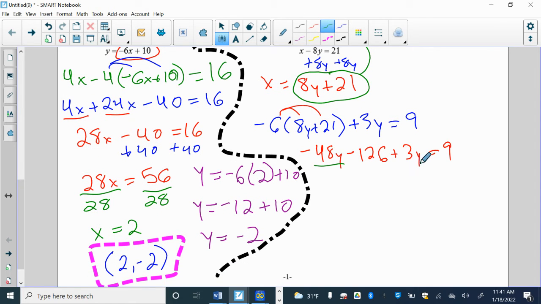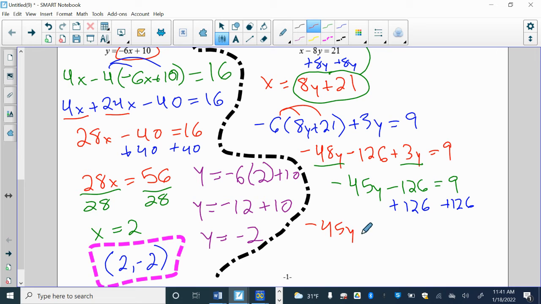You can combine negative 48y and 3y to make negative 45y minus 126 equals 9. Add over 126. Negative 45y equals 135. Divide by negative 45. Y equals negative 3.